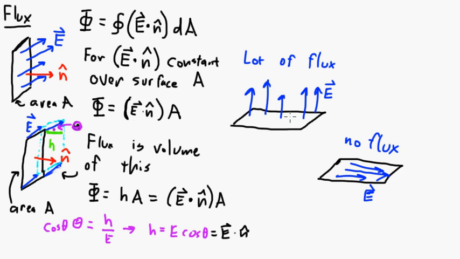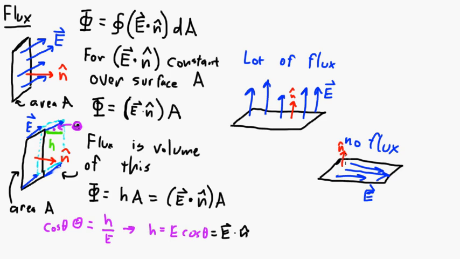And then n hat is your normal vector there. You can see how here, electric field dot n hat, these are pointing in the same direction. So the dot product is just going to be the magnitude of the electric field times the magnitude of n hat. N hat always is magnitude 1. So the flux through here is just going to be your magnitude of your electric field times the area.